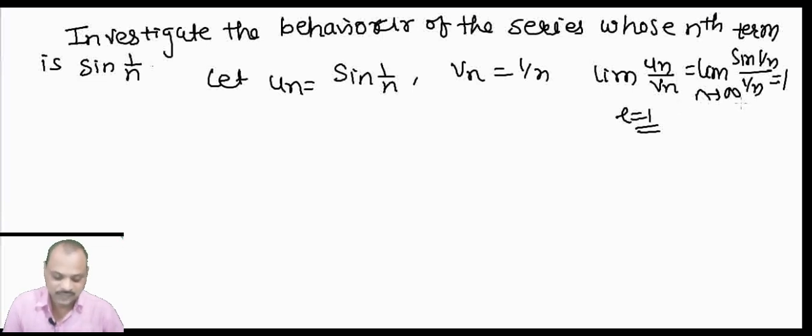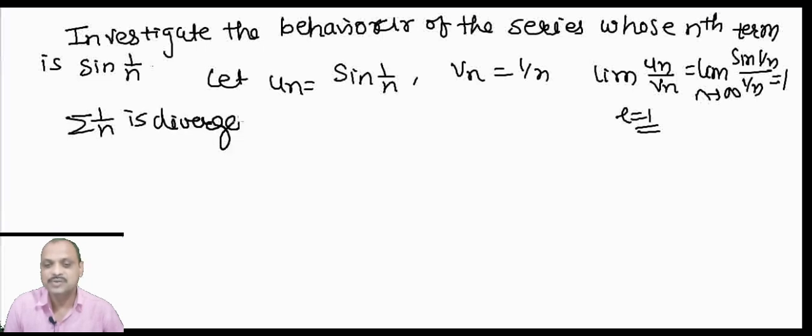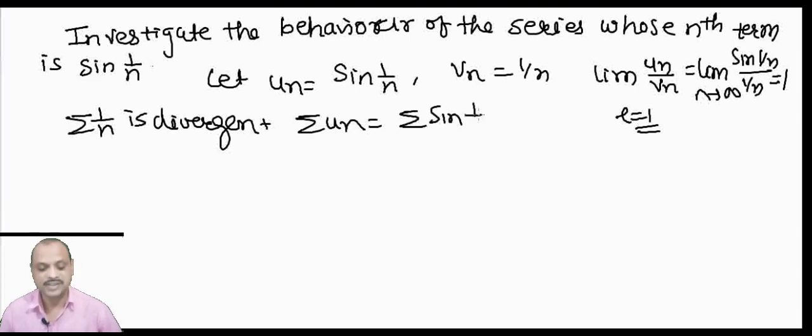And here we know that summation 1 divided by n is divergent. As this series is a divergent series, this summation un, that means summation sine of 1 by n, is also a divergent series.